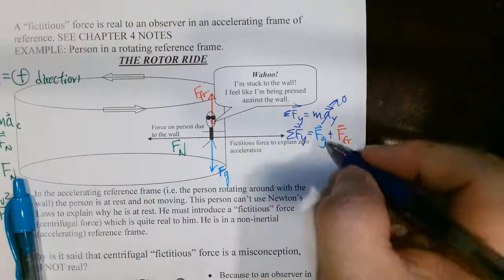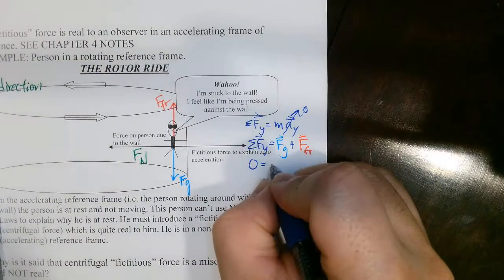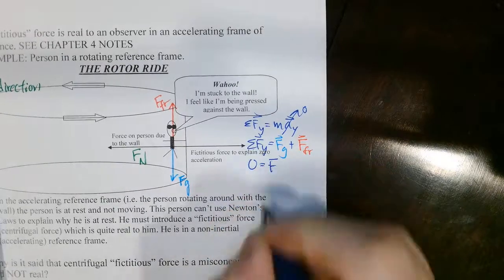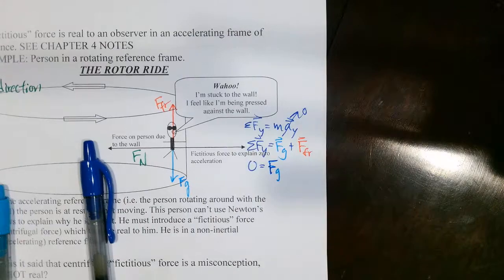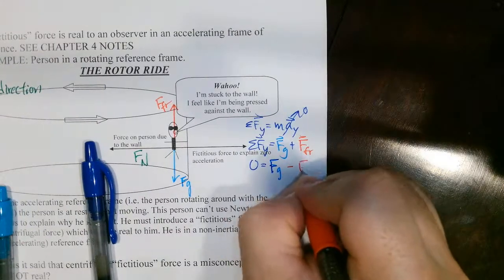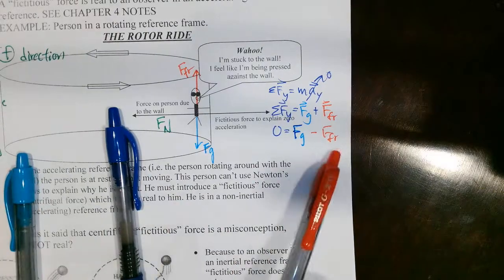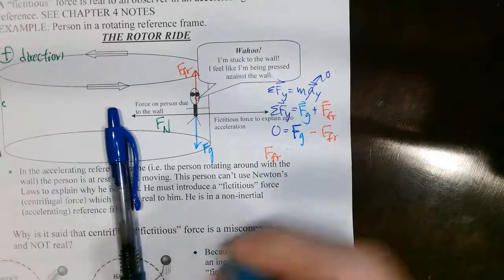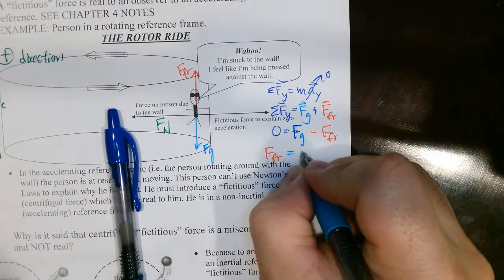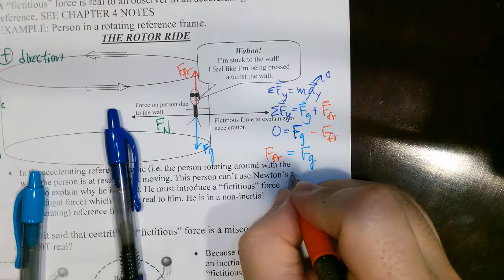So here, when we set these equal to each other, 0 is equal to Fg minus friction. So friction, if I bring this to the other side, becomes positive, is equal to Fg, or simply mg.